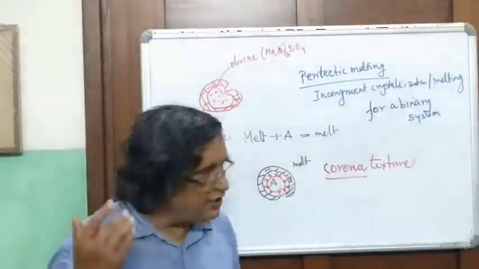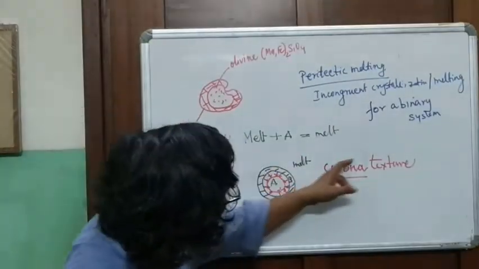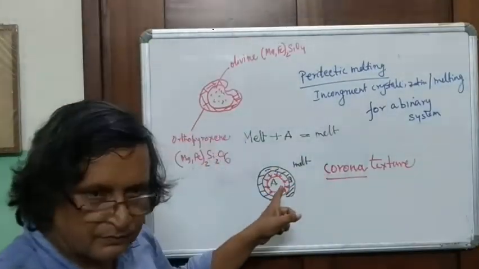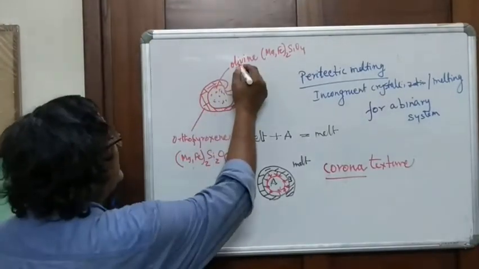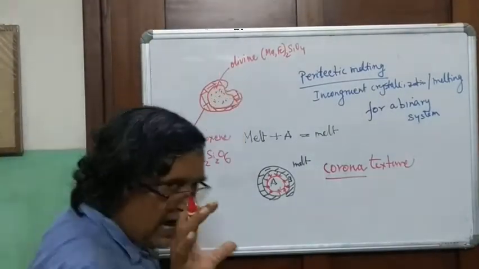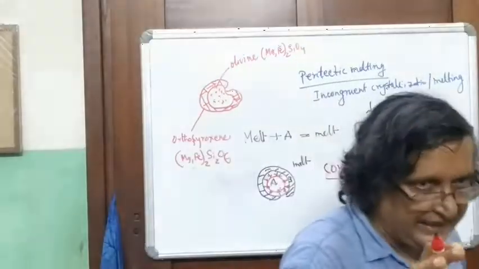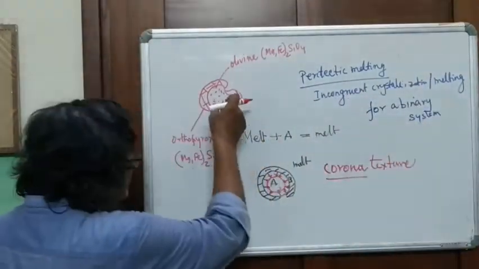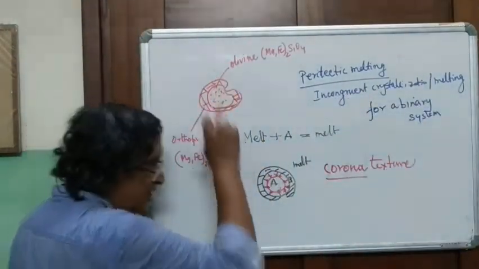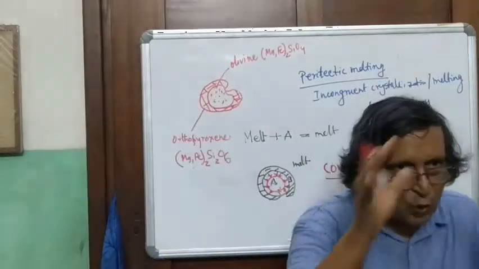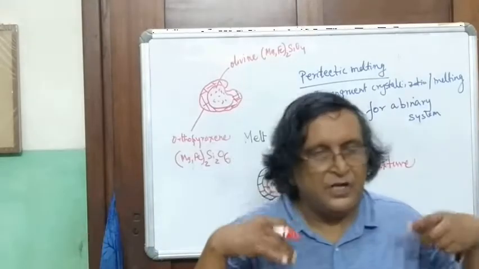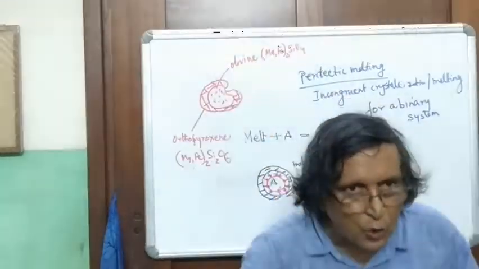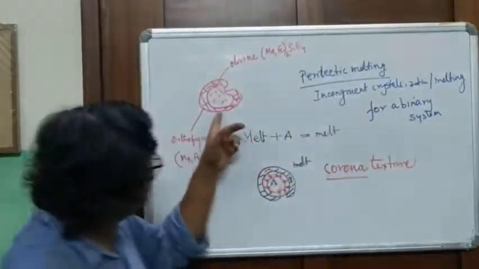So essentially you form a corona texture. The classic corona texture has olivine at the core and the surrounding mineral as a mantle or corona, like the one you see during a solar or lunar eclipse. This is a corona texture.